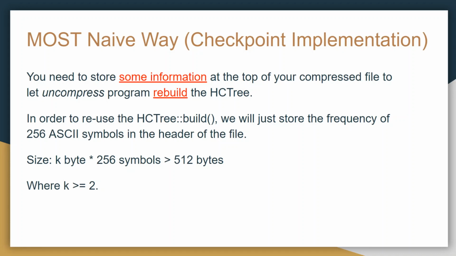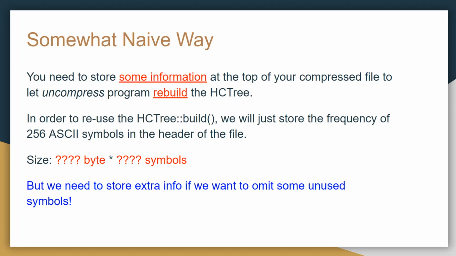But the way we have it with these frequencies being stored is really time consuming, so it's just not a very good approach, and we need to come up with a better one. We do need to store some information, but we don't need to store it on 256 lines, with a character on each of these lines.